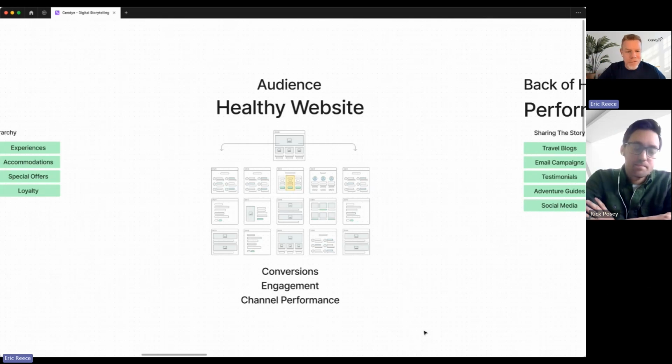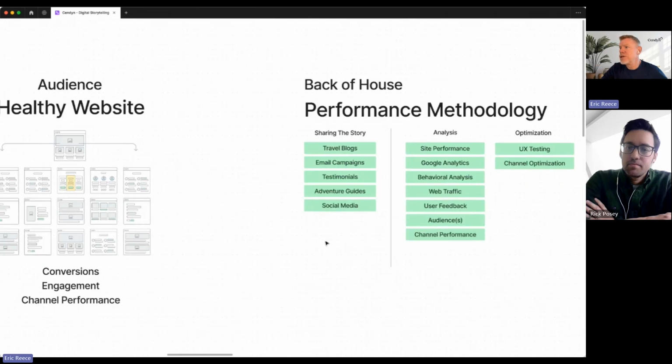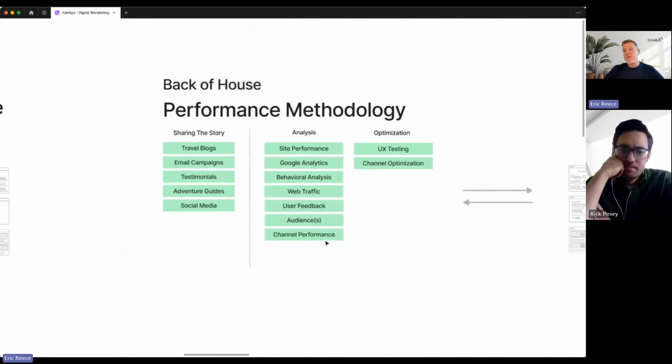I keep using that word over and over. I'm going to punch myself again if I say it. But connecting with your audiences is an ongoing process. There is no end to it, right? So I guess that kind of moves us into the next phase of this conversation, doesn't it, Rick? Where we talk about the back of house performance methodology.